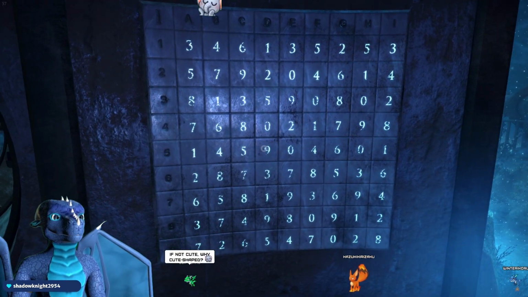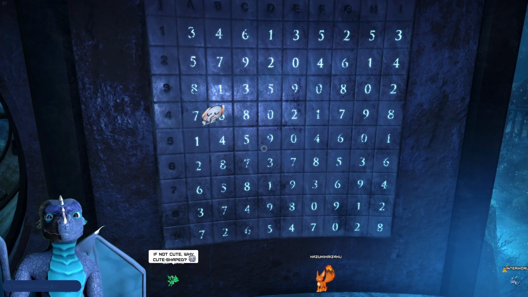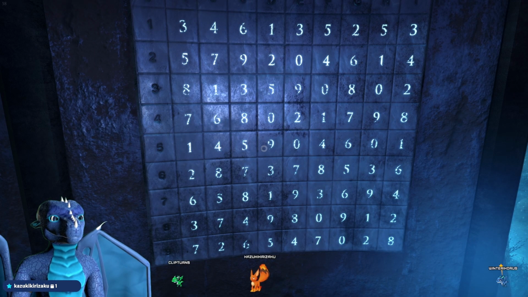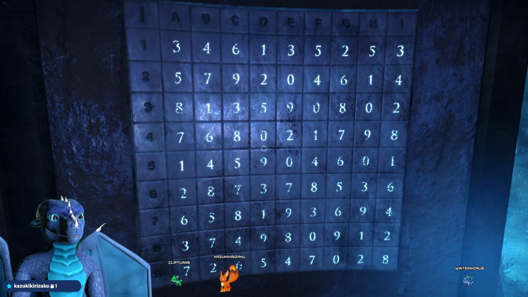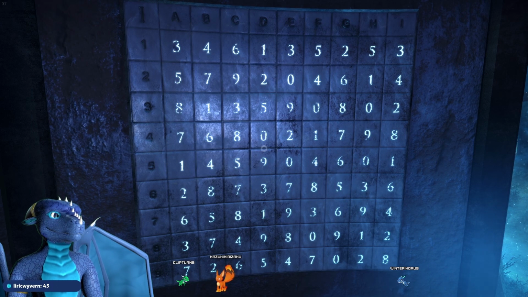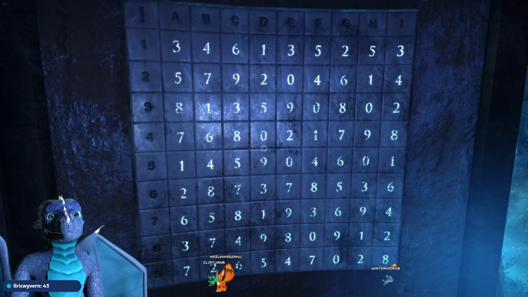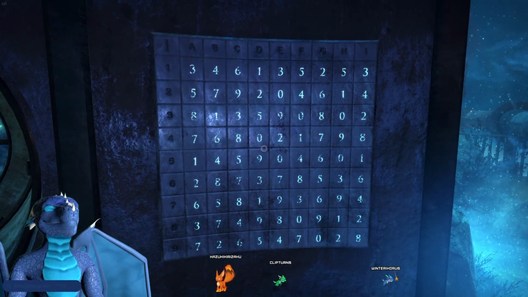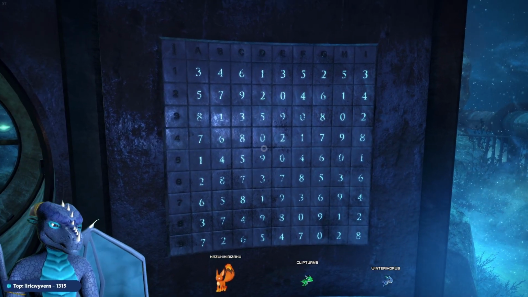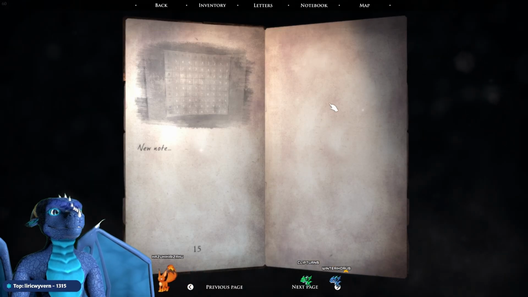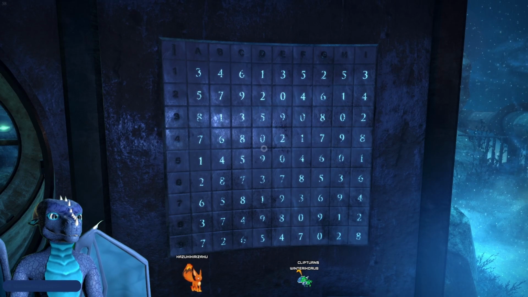Yep, there we go. Okay, so H3 is 0. Can I take a good screenshot of that? Does that show up well? It does actually show up really well. Okay, nice, cool.